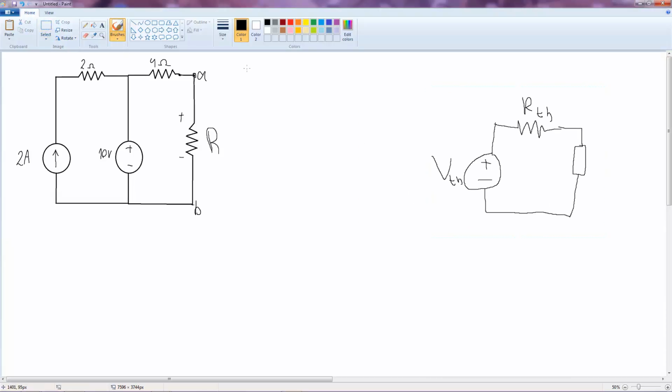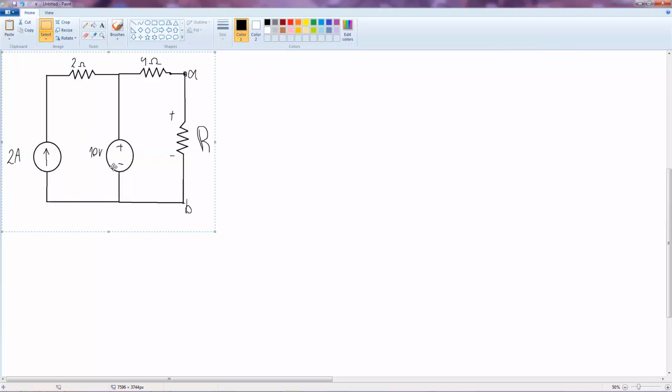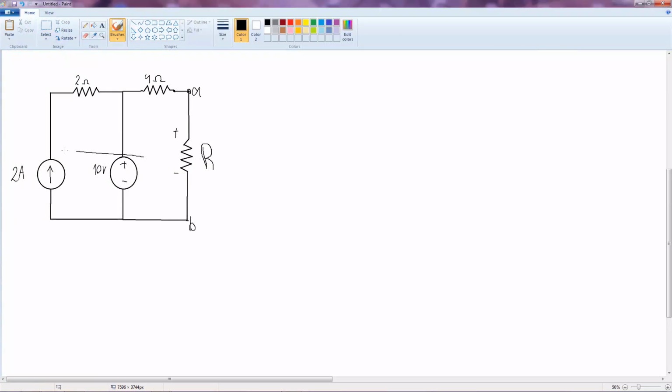So what we first need to do is to find R Thevenin. What R Thevenin means is basically finding the equivalent resistance of a circuit. And how you do it is very simple in case you have only independent sources. It is a rule that you replace a current source with an open circuit, so you'll have something like this instead of the current source, and you replace a voltage source with a short circuit.